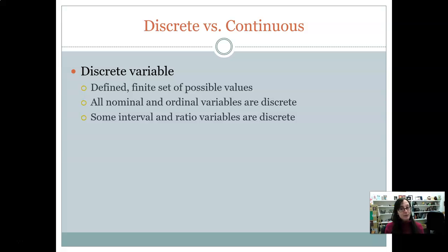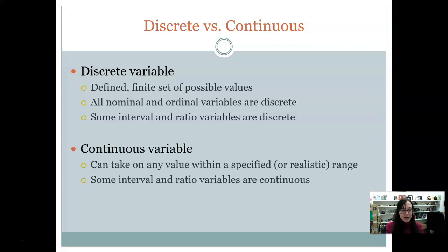But some interval and ratio variables are also discrete. That includes counts and scores on intelligence or personality tests, because you can't get any number. You can only have a whole person or a whole crime. You can only get an answer right or wrong to count towards some final score in round numbers. So those would still be discrete, even though they're interval or ratio.